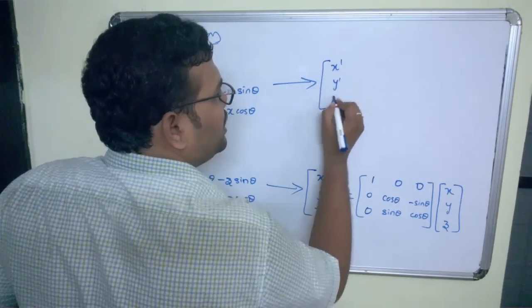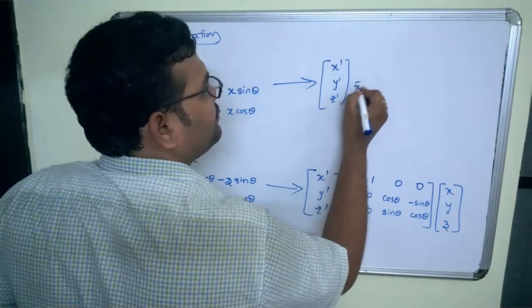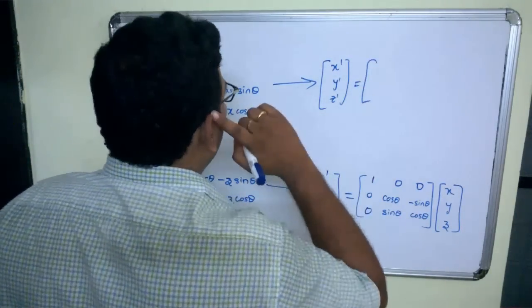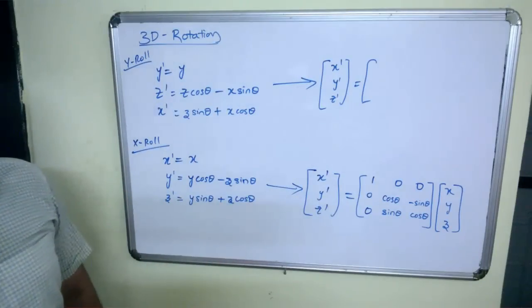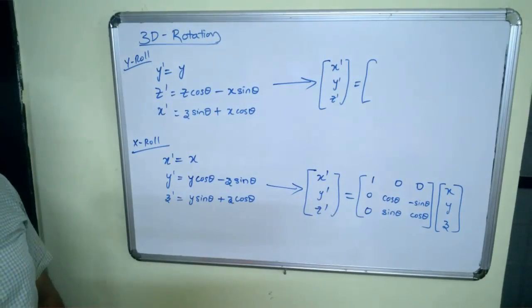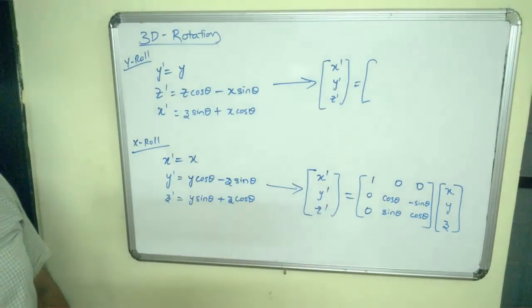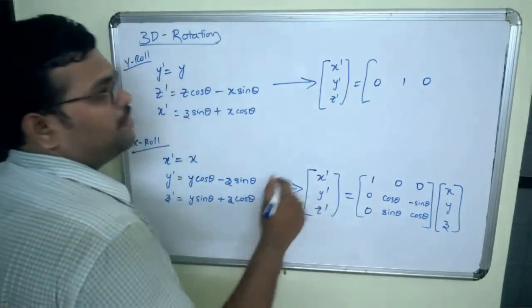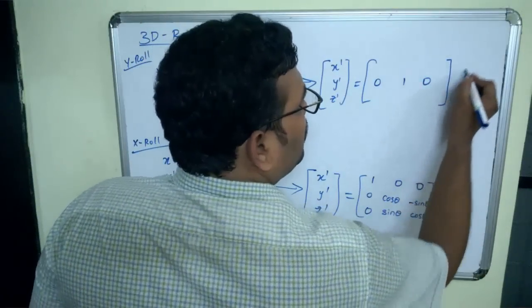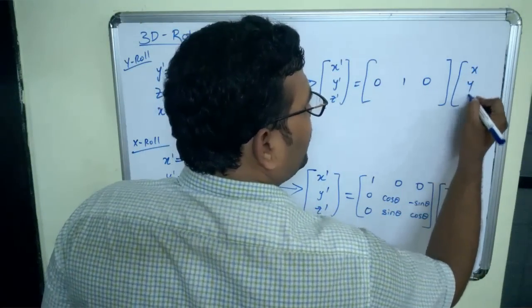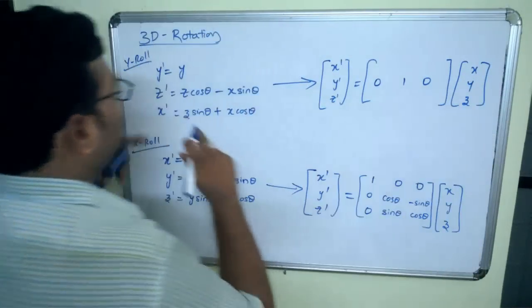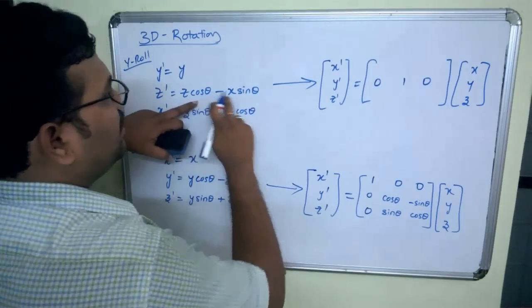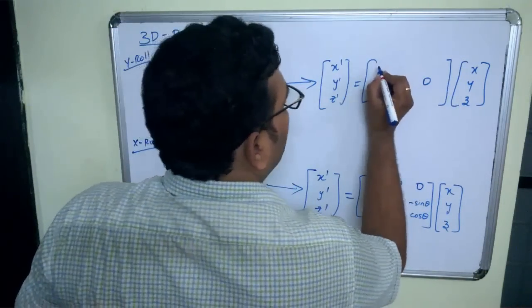Now, if you represent this in a matrix representation, x dash, y dash, z dash is equal to, so here y dash is equal to similar, so keep y as same, 0, 1, 0 into x, y, z. So z cos theta minus x sin theta.